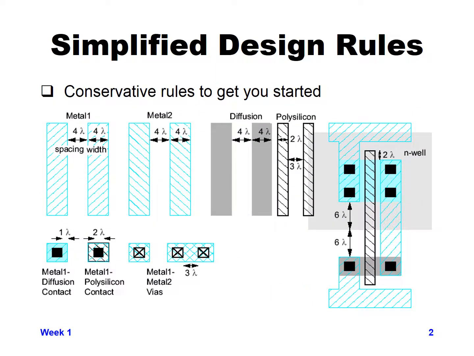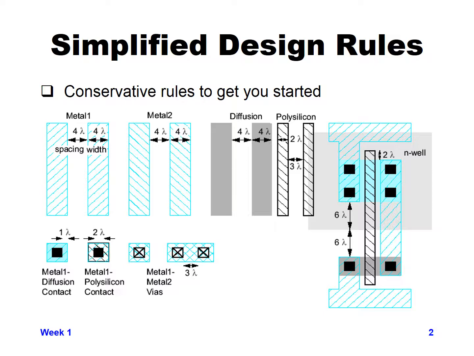So here is just a very simplified example of some design rules that you will have on a fabrication process. You might have a metal process where you'll have a metal 1 and a metal 2. Once you put down your metal 1, you'd put some silicon oxide over that and then define a second layer of metal over it, such that you can have more complex interconnect, similar to a PCB board that has multiple layers of metal.